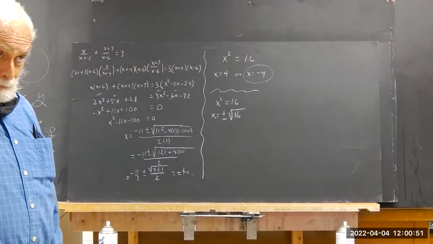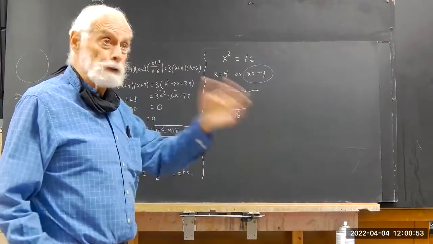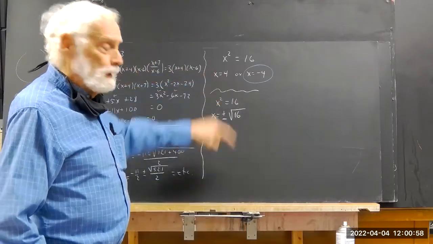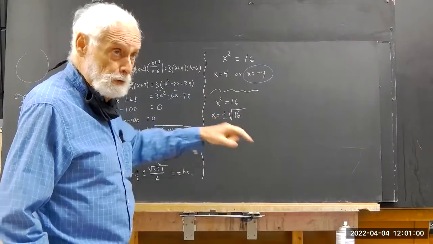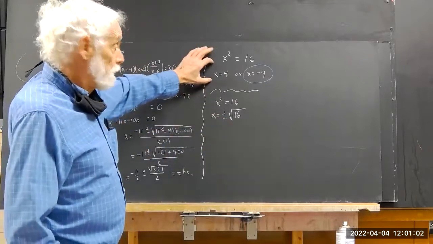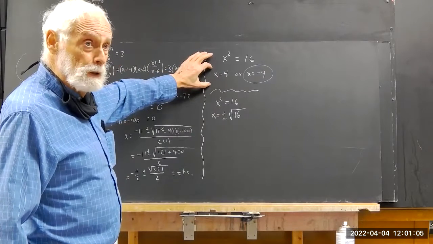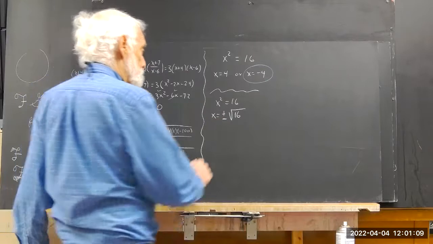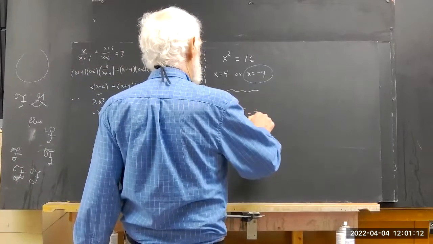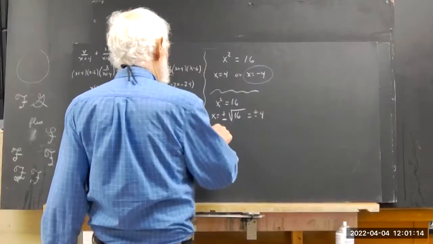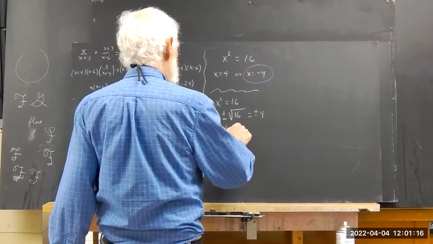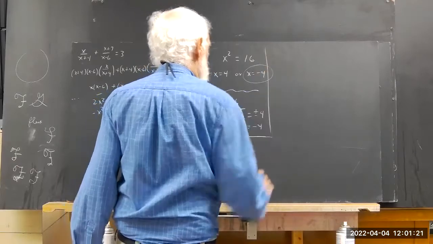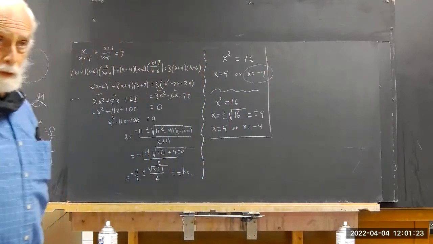Now the square root of 16 is not plus or minus 16, but the solution of the equation x squared equals 16 is plus or minus the square root of 16. And it's just because of this. There's nothing more complicated than this, but this is why you write down the plus or minus there. There you got it.